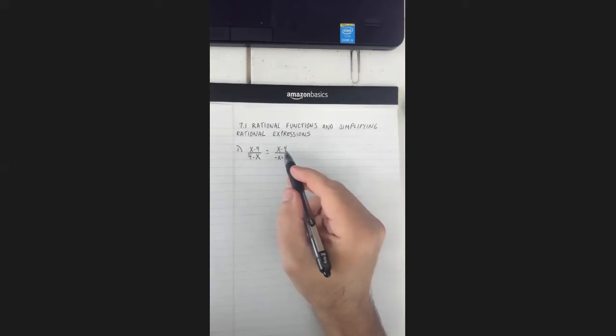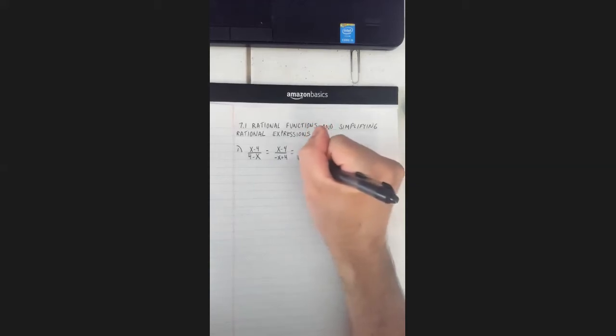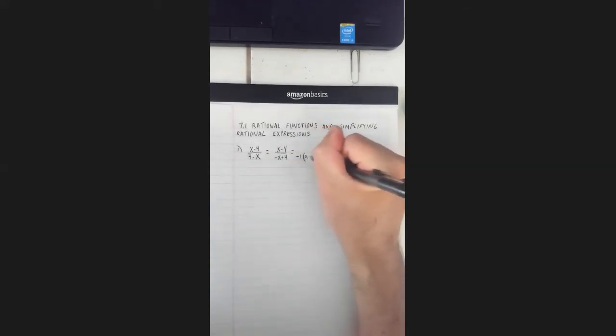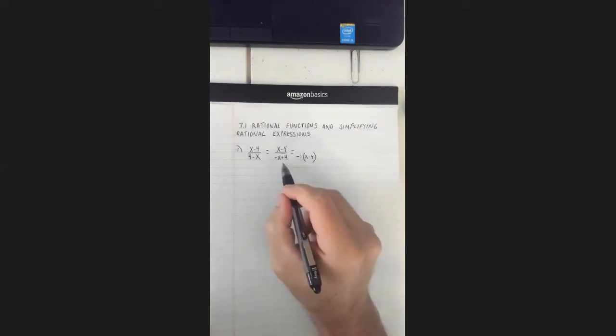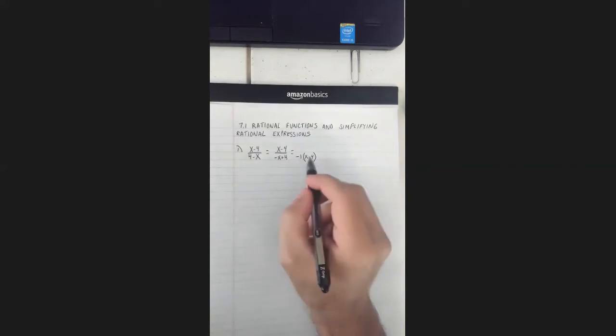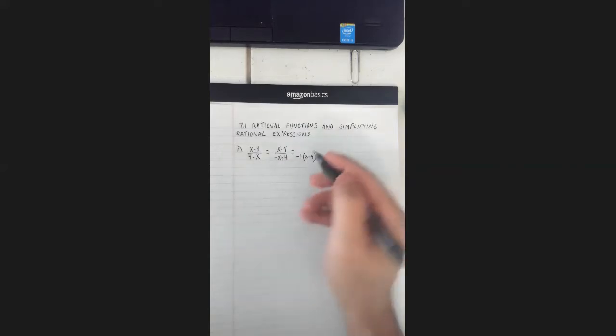On the top I have a positive x and a negative 4. So all I really have to do here is factor out a negative 1. And this would become an x minus 4. Remember, once I factor out a negative, it switches the signs of both of these. So the negative x becomes positive x and the positive 4 becomes negative 4.